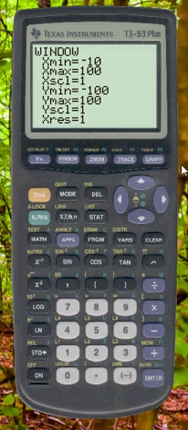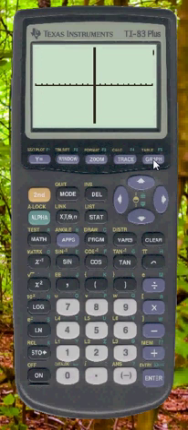Delete this part of it and then scroll down here and make it positive 10. 1, 0. And let's look at that. It's thinking again. Aha! Wow. That really goes high there, doesn't it?